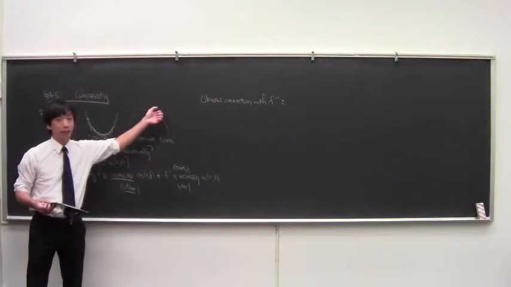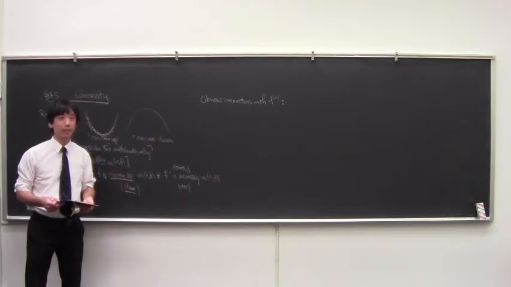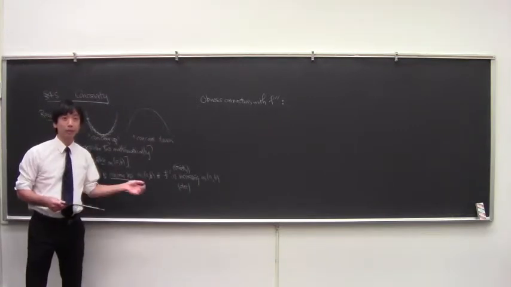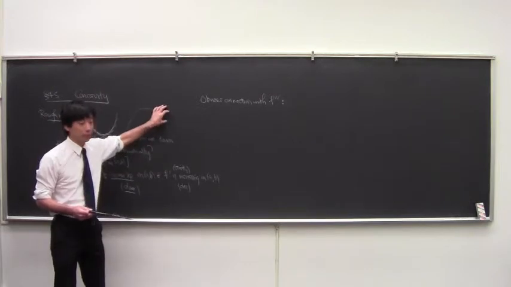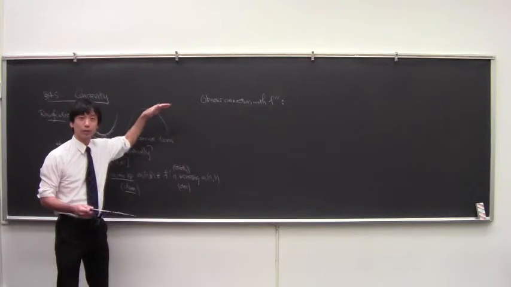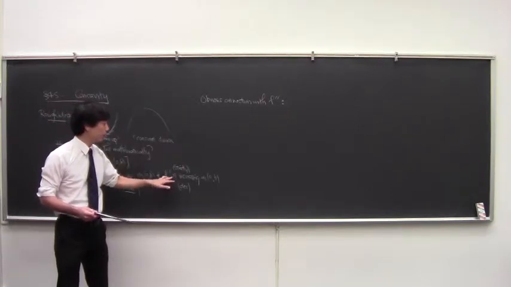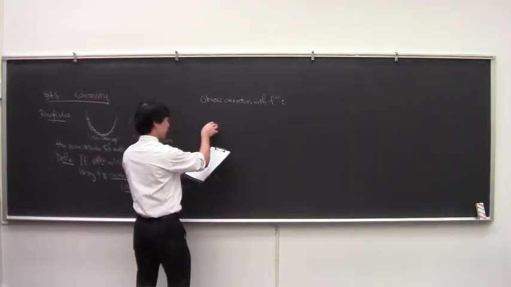What condition on f double prime will ensure that f prime is increasing? Maya? When f double prime is positive. We saw last time that if a function's derivative is positive, then the function is strictly increasing. So if f double prime is positive, then f prime is strictly increasing. That gives us a condition for concavity.